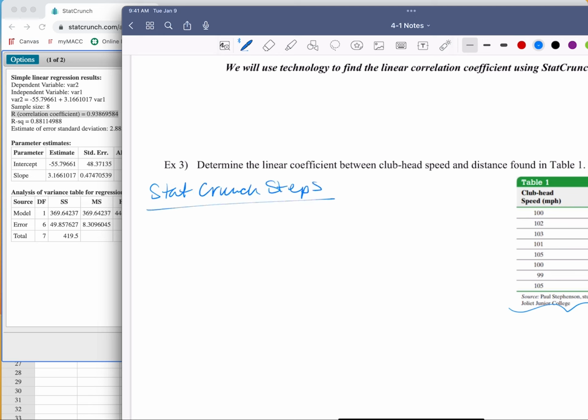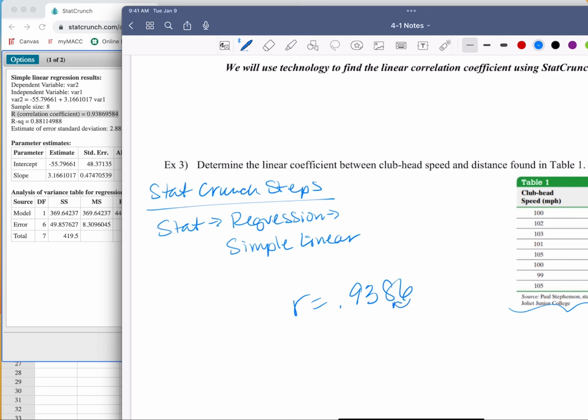You're going to go to Stat, then Regression, then Simple Linear. Okay, and then r is what we're going for. So coming back up there, it's 0.9386. If I round that to 3 decimal places, that'll give me 0.939.